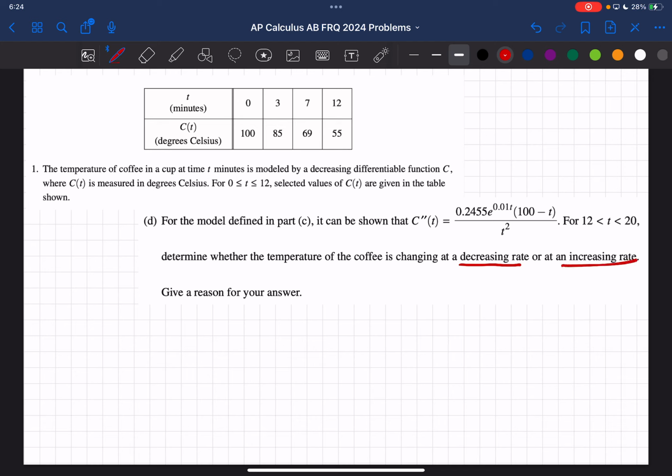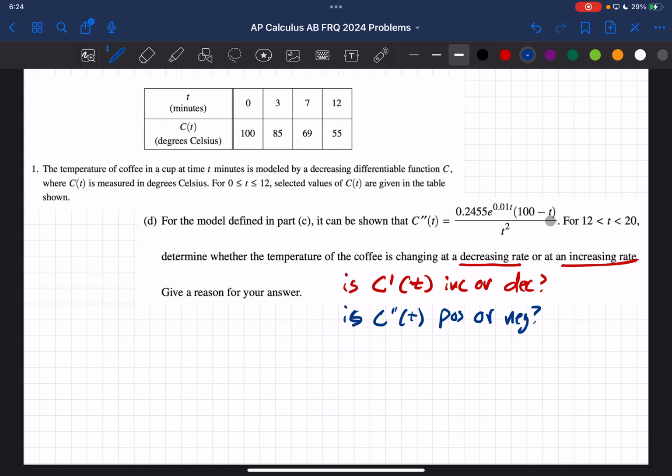So the question is, essentially, is c prime of t increasing or decreasing? And so another related question is, is c double prime of t positive or negative? So that's what we're asked to do: for this interval, figure out if c double prime is positive or negative.